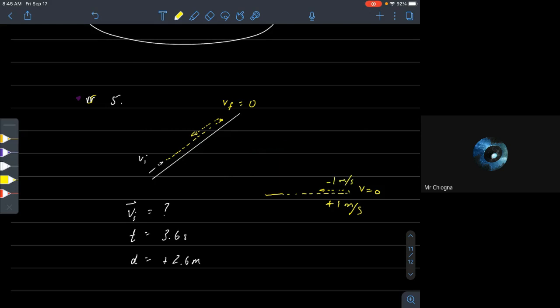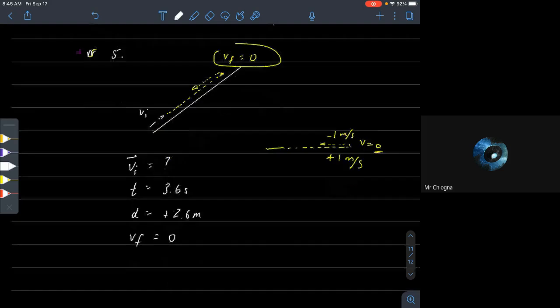What do you have to pass through to go from 1 to -1? You have to pass through 0. So any turning point velocity is 0. We're going to call this the final point at the top. So that's my VF. VF is 0. So that's your list. You want to solve for this.